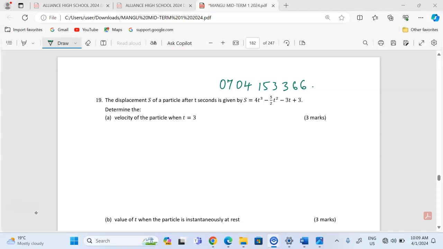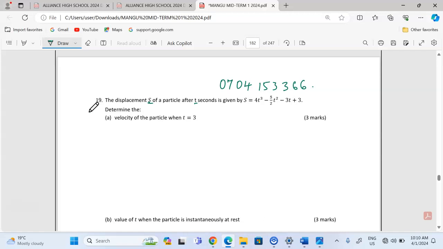So what we have here is a displacement against time function. This means that for us to get the velocity function, we need the gradient function of the displacement function. Right from linear motion, if you have a graph of displacement against time, the gradient of such a graph will give us velocity.